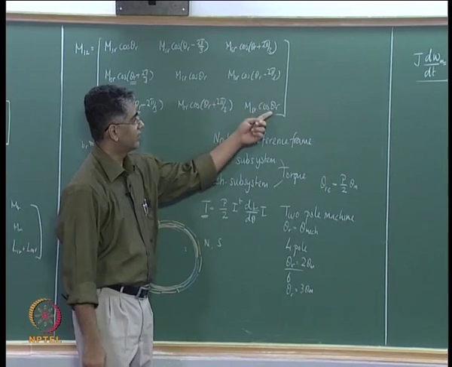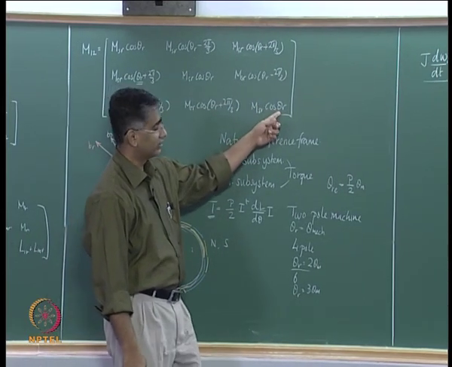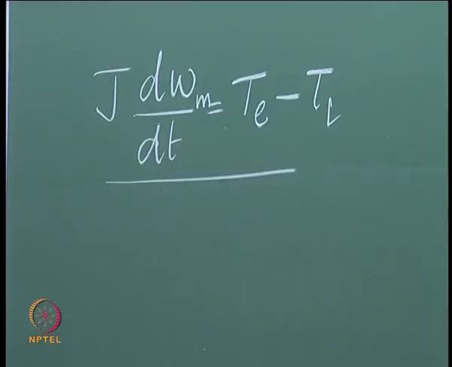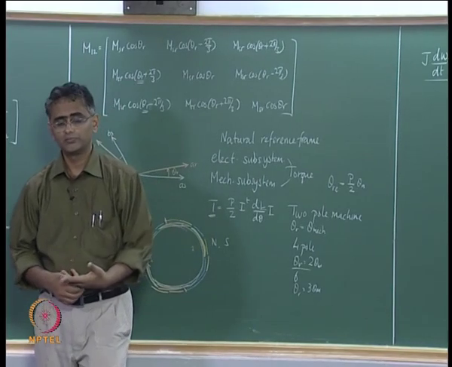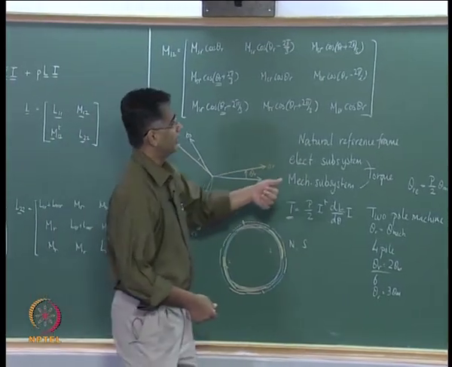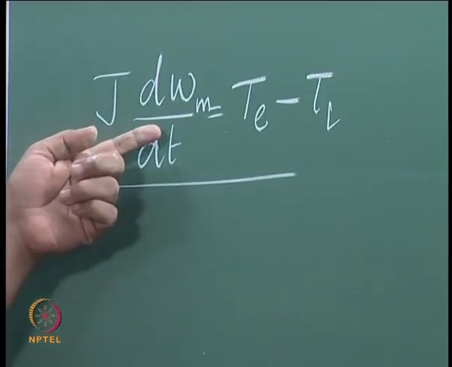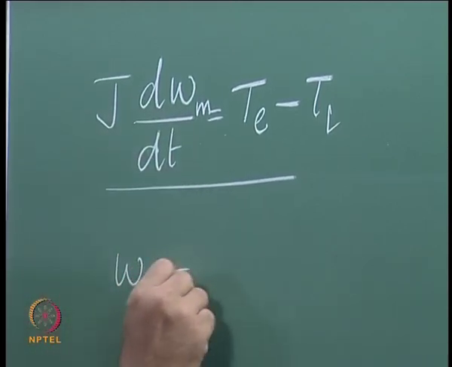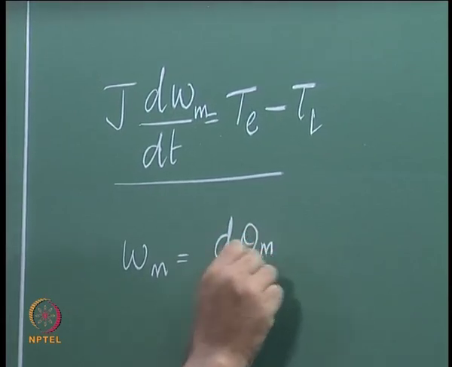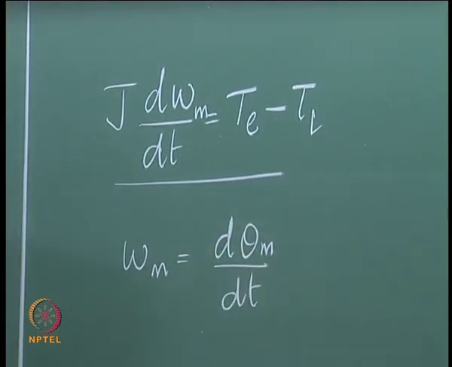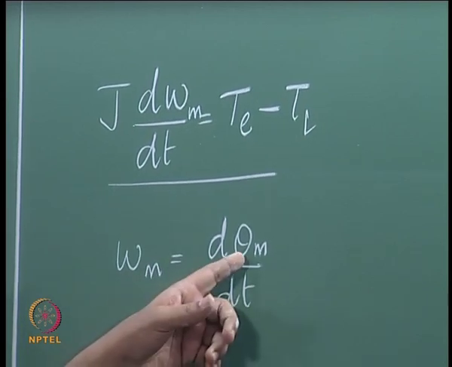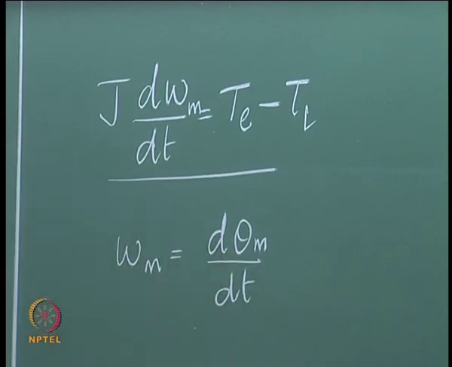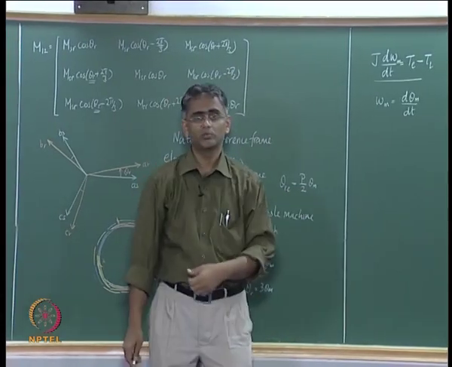If you take the derivative of this angle, the derivative will be the electrical speed that differs from the mechanical speed by the number of pole pairs. So accordingly, if you now want to compute the angle from this, omega m is nothing but d theta mechanical by dt, and in order to substitute this angle into that, you need to multiply it by the number of pole pairs.